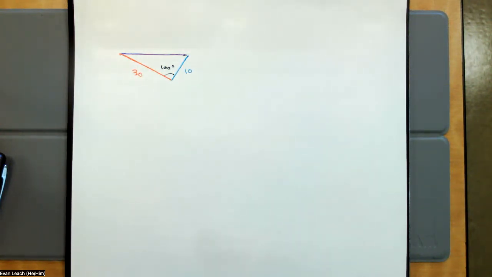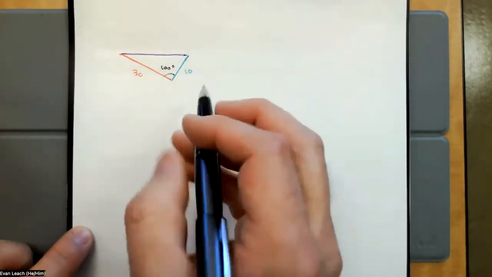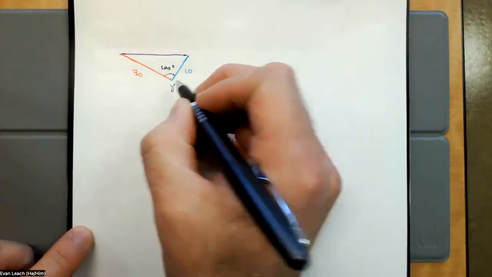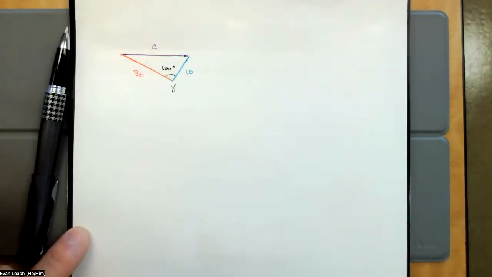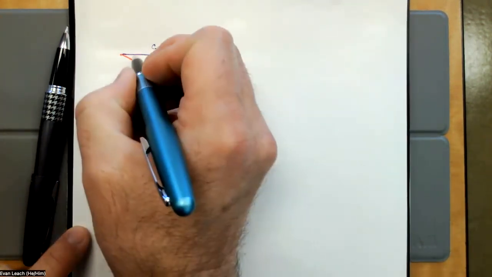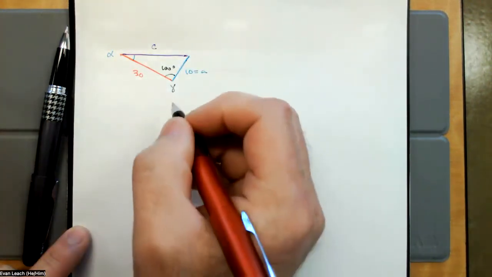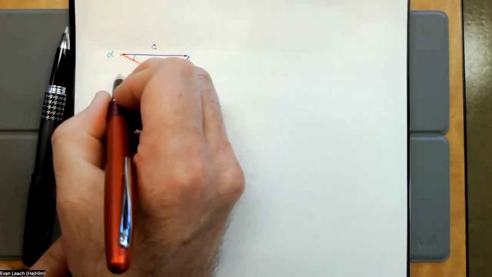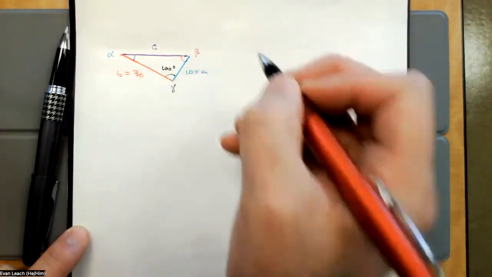We've got two sides and the angle between those sides. So I gotta name some stuff. Usually I went alpha, beta, and gamma. So this is going to be angle gamma. This will be side C. This is usually side A. And so this is going to be angle alpha. So 30 could be side B. And that would mean this up here is angle beta.